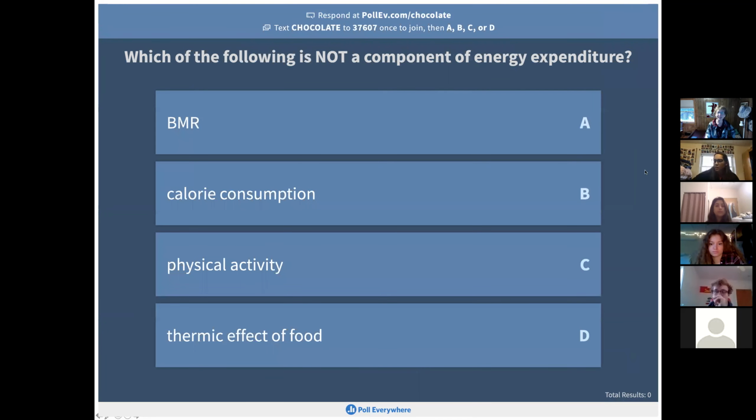Which of the following is not a component of energy expenditure? BMR, calorie consumption, physical activity, or the thermic effect of food?